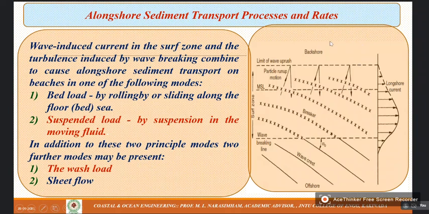This is the back shore. Now, while doing so, at some place they start breaking. So this is all called the breaker zone.